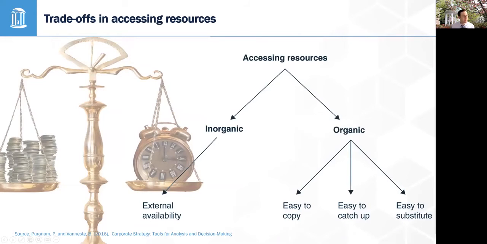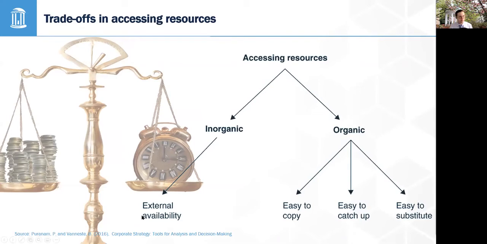All right, that brings us back to the Puranam and Vanhaverbeke perspective. Again, if you're at this point in this framework, you've already decided that the best way to organize the synergies is within the firm as opposed to between firms. And then the question is between acquisition or internal development.